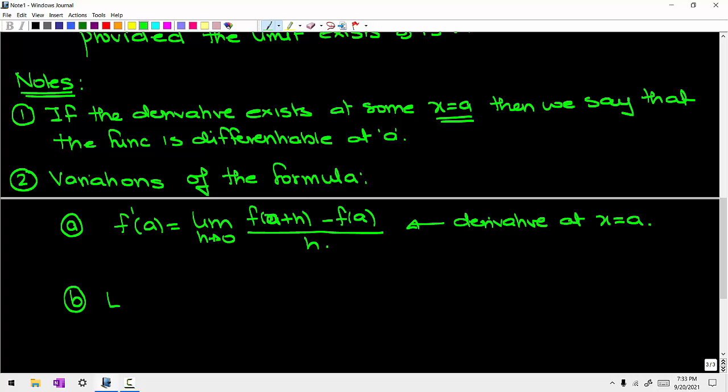Let's do this. We're going to let x is equal to a plus h in this formula up here. Let's see what happens. If h goes to 0, then where does x go? If this becomes 0, then x will go to a. Then x approaches a. So that's the formula we get.